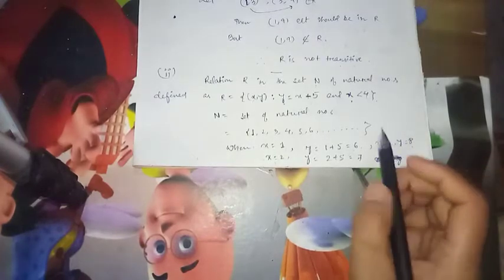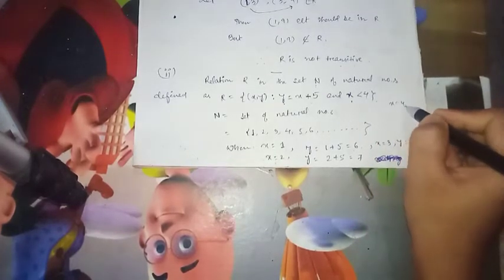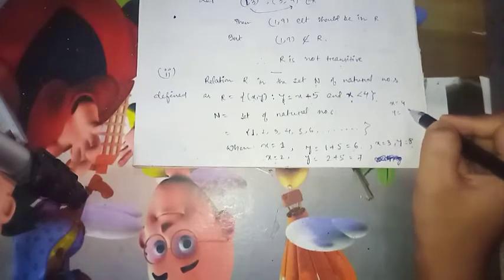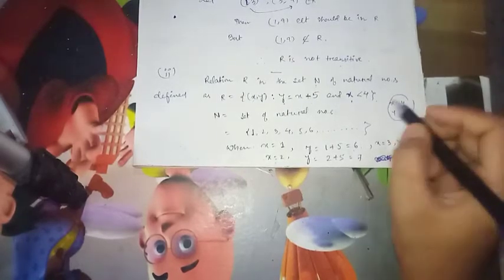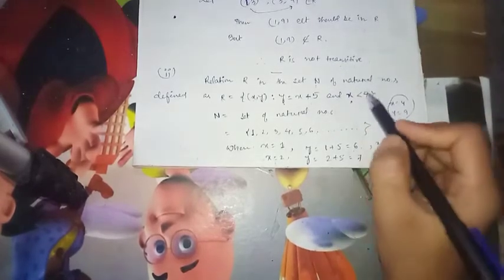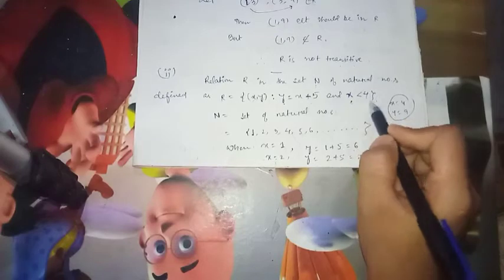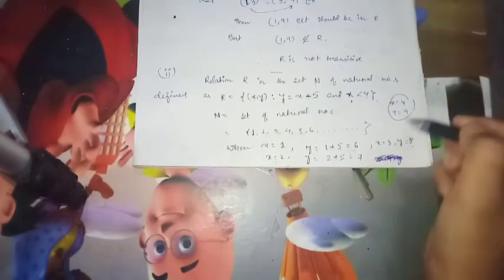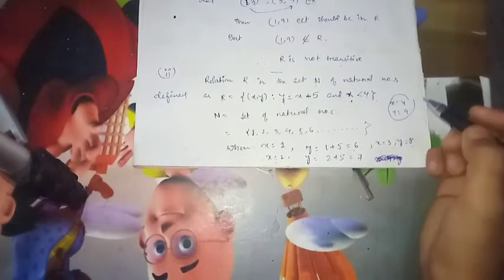But we cannot take the value x equal 4. When we take x equal 4, y will be equal to 9, but we are given in the question that x is less than 4. Since the question says the value of x must be less than 4, we can take the value of x only up to 3.